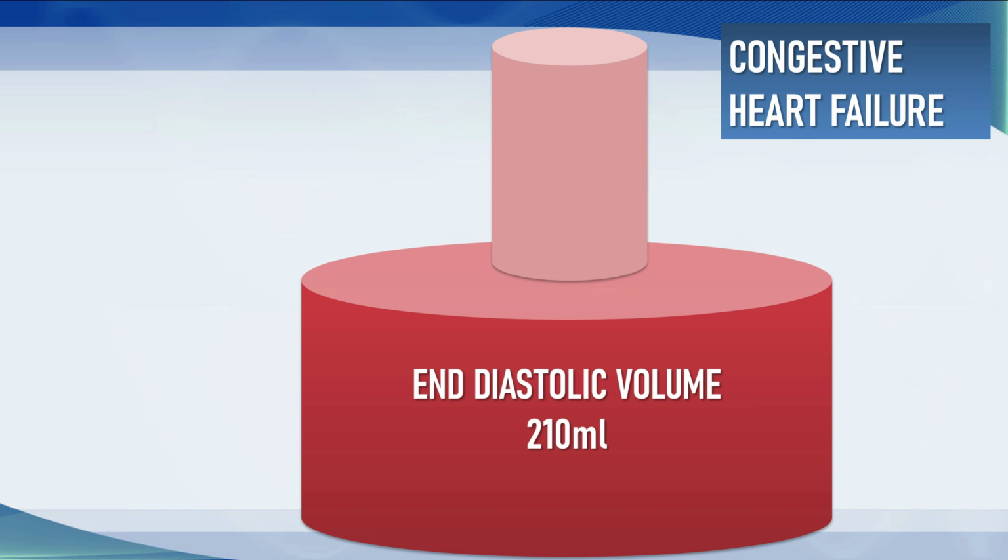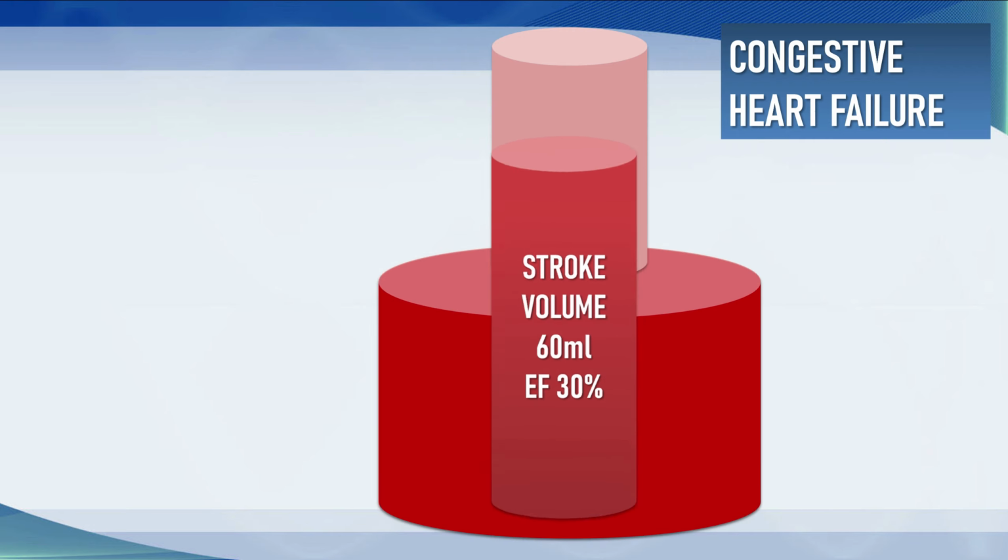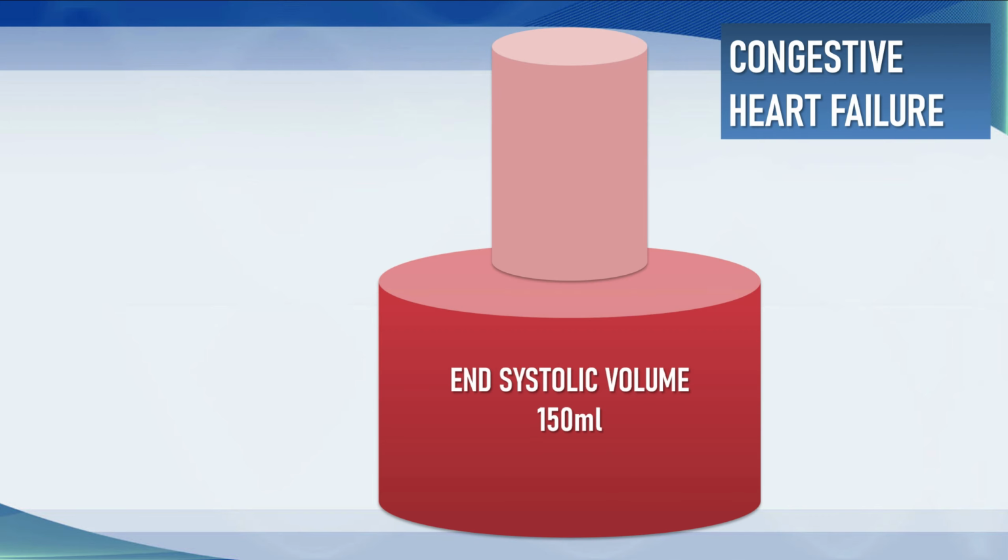The end diastolic volume is very large, in this situation, for example, 210 mils. The body will try and eject a stroke volume of about 60 to 65 mils if at all possible. The end systolic volume is 150 mils, so there is a significant reduction in the ejection fraction down to 30% despite a relatively normal-looking stroke volume.